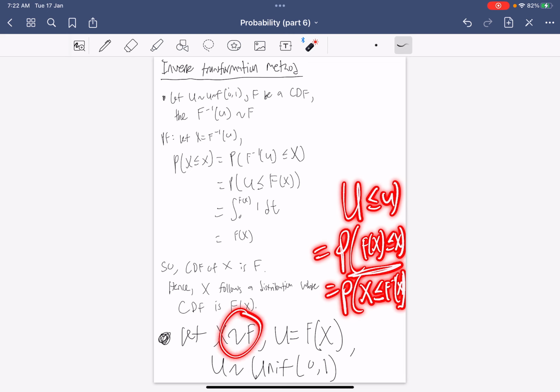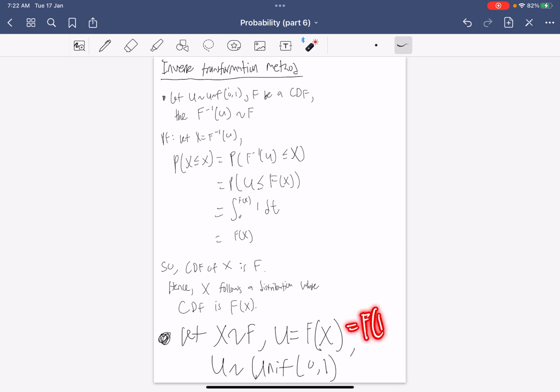And since X follows F, this is just F of F inverse of u, so it's just u. So now the probability of U less than or equal to u equals u, which means it's proportional to the length. And by being proportional to length, it just follows a uniform, basically.